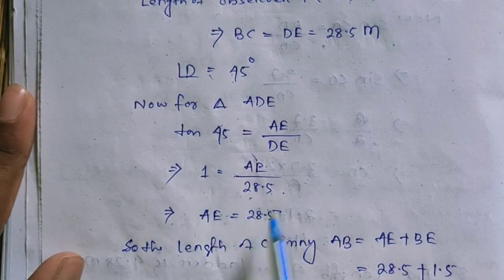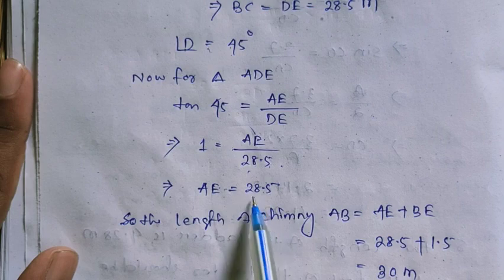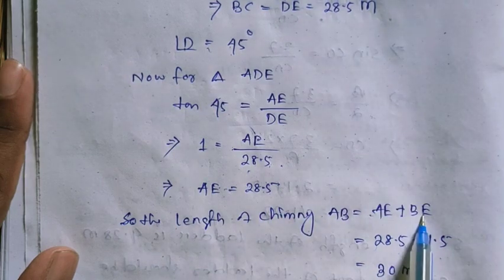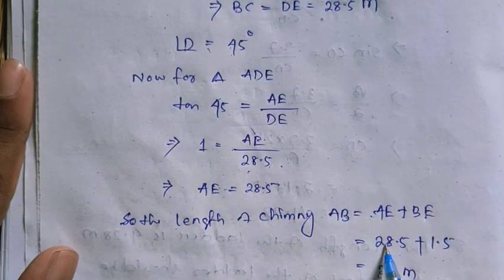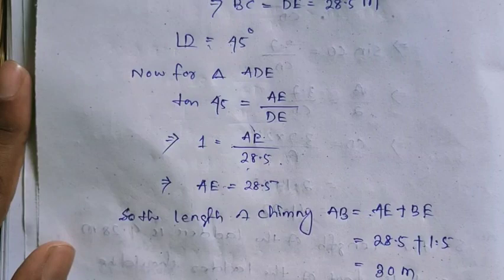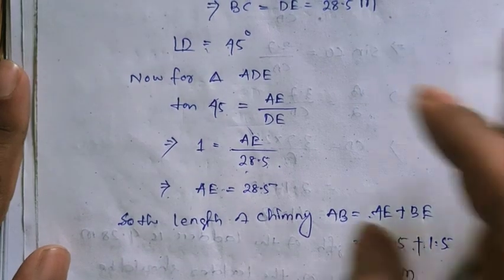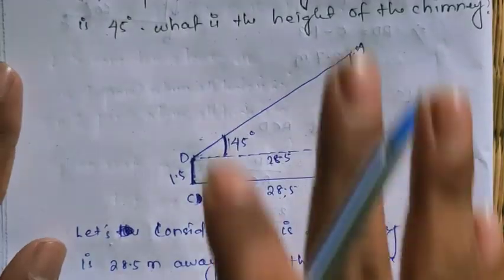This implies AE is equal to 28.5. So the length of the chimney, AB, is equal to AE plus BE, which is 28.5 plus 1.5, that is 30 meter. So the height of the chimney is 30 meter. This will be your answer. Understand?